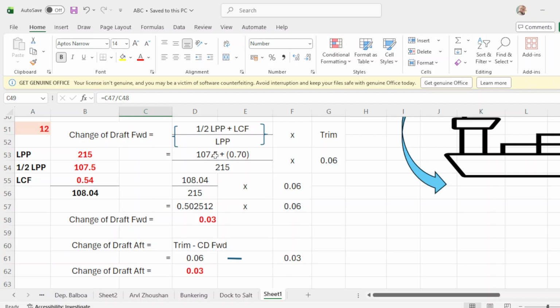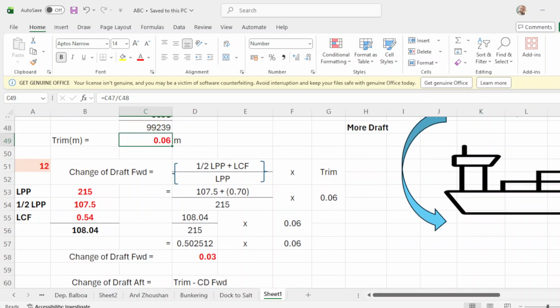It is 215. Half of 215 is 107.5. Adding the LCF, you get 108.04 over 215 times your trim of 0.06. Divide this and that will be 0.502512 multiplied by your trim.